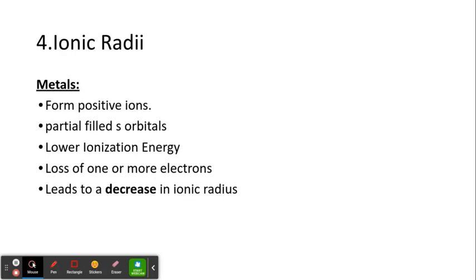There is a loss of one or more electrons in metal. So there are some metals that lose one electron, some that lose 2, 3, 4, 5, 6, 7, depending upon which one it is. And when you lose electrons, your electron cloud gets smaller. So it ultimately leads to a decrease in ionic radius when you lose electrons.